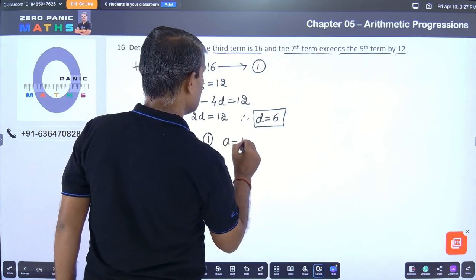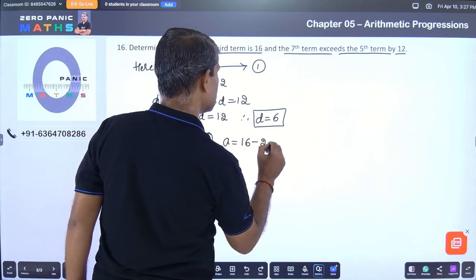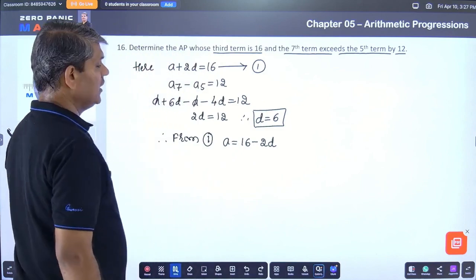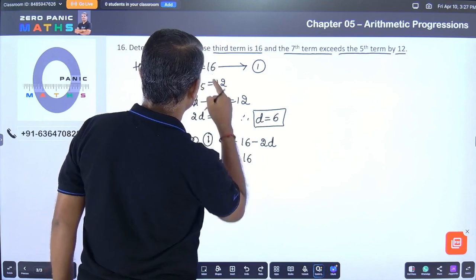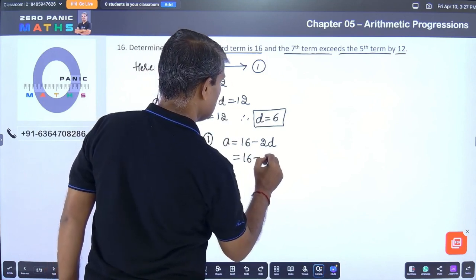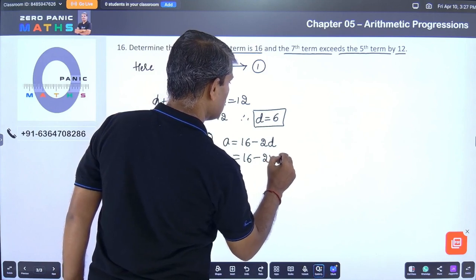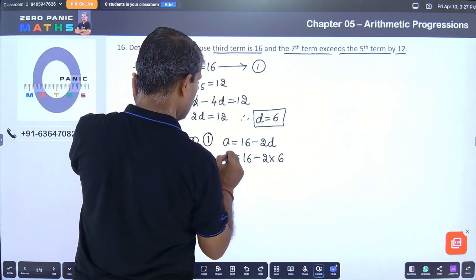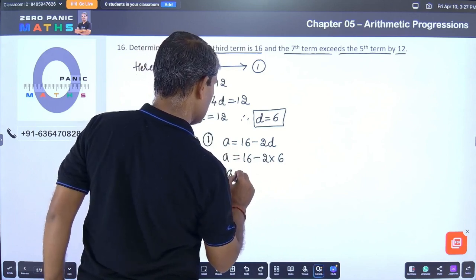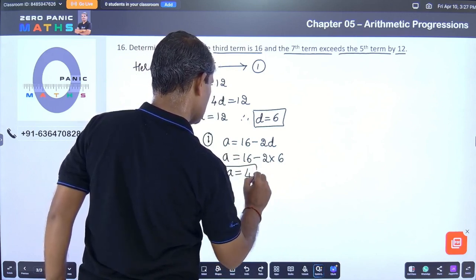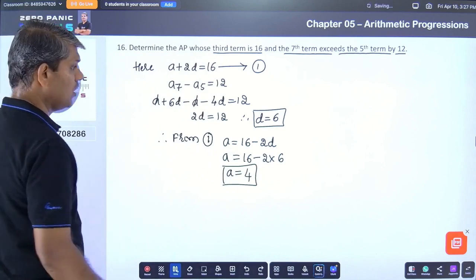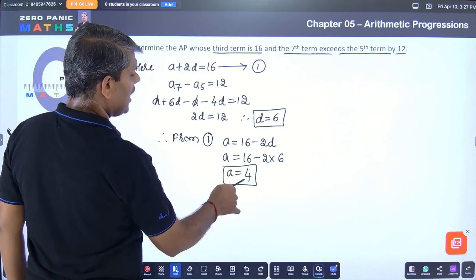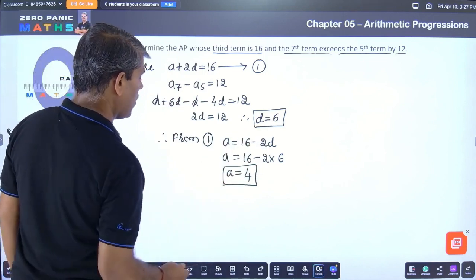So from equation 1, A is 16 minus 2D, that is 16 minus 2 into 6, which is 12. So A is equal to 16 minus 12, which is 4. D is 6 and A is 4.